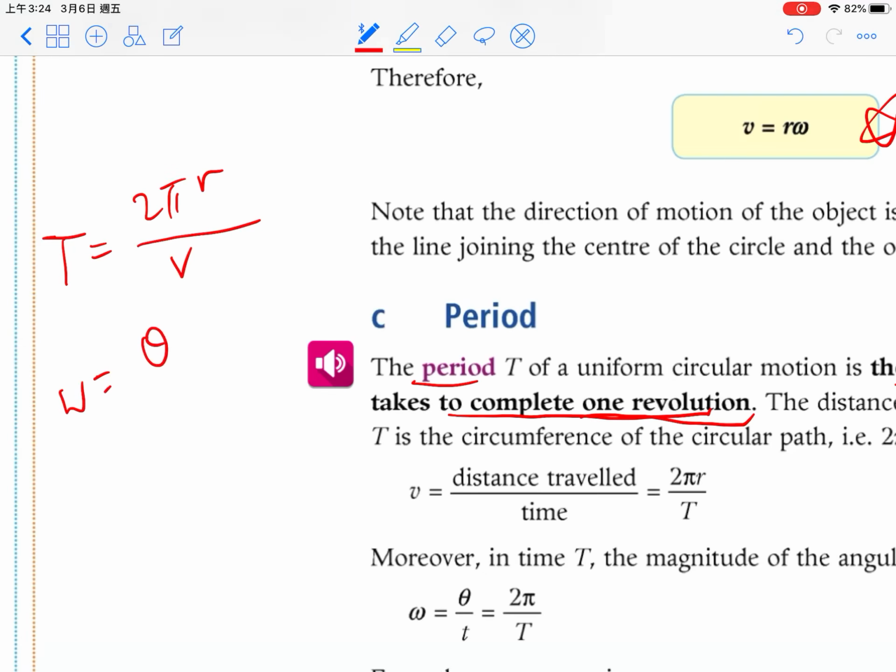Also, we have learned omega equal to theta over t. If time is equal to 1 period, then theta would be 360 degrees, so there will be 2 pi. Okay, so T will be equal to 2 pi over omega.